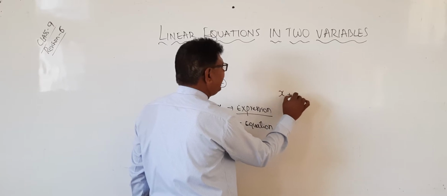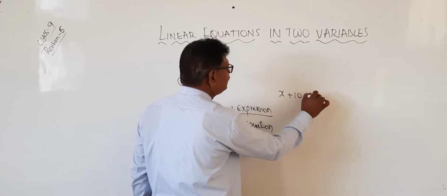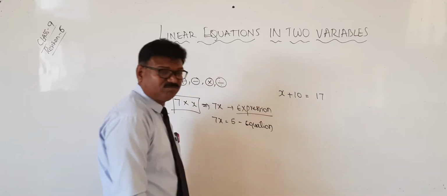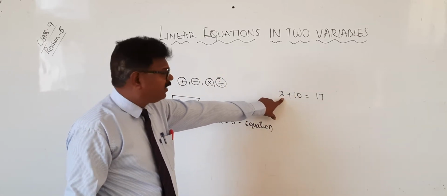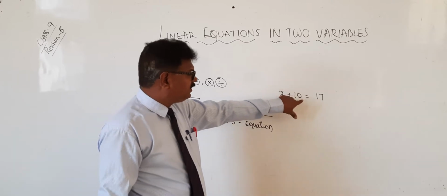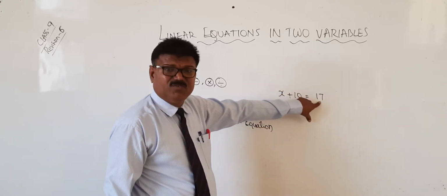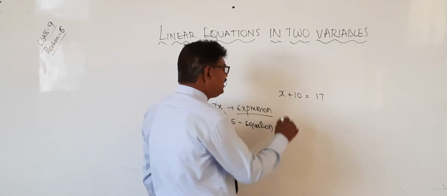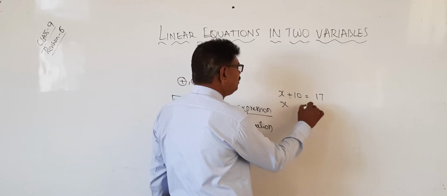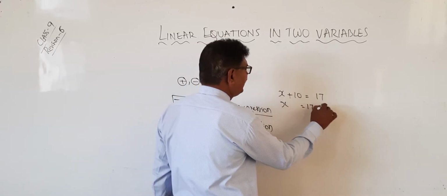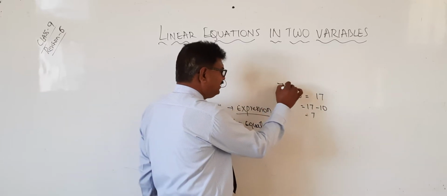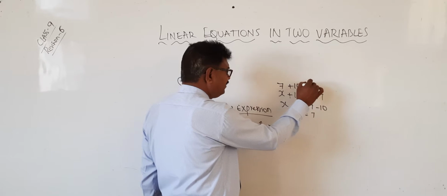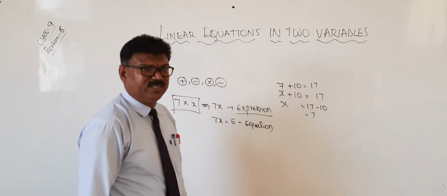If you add 10, you will get 17. What number is there, we don't know. But when you add 10 to that number, the result will be 17. Therefore x equals 17 minus 10, which is 7. Now 7 is there, and when you add 10, it becomes 17.